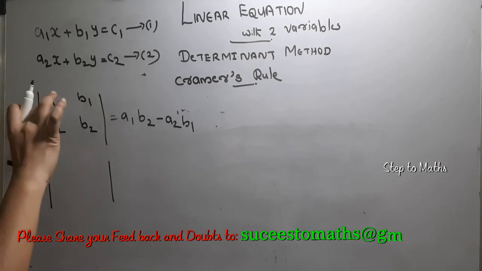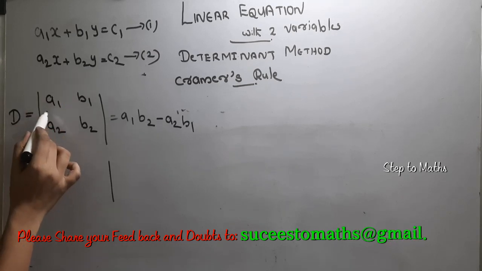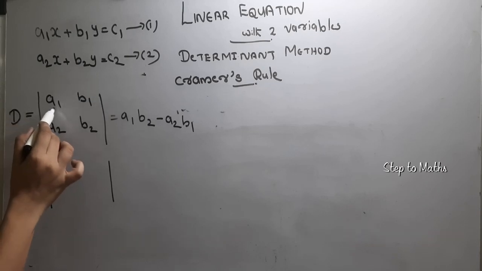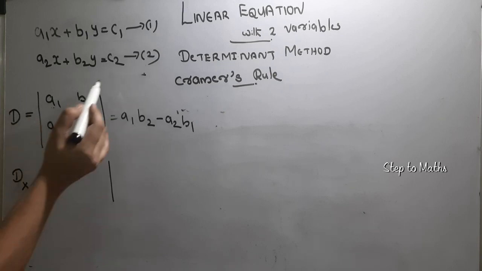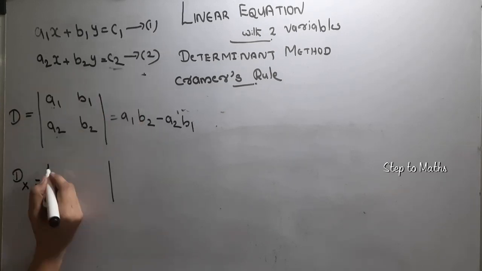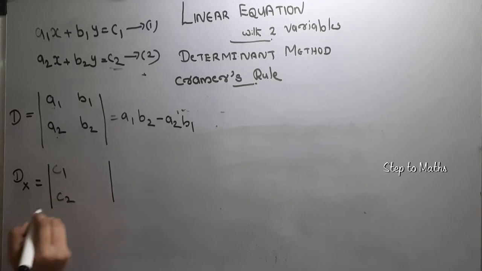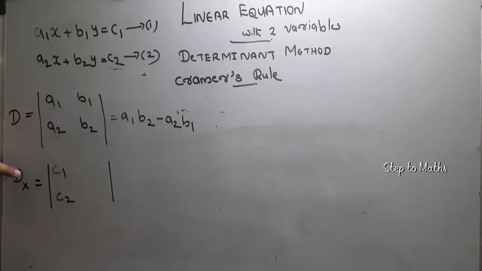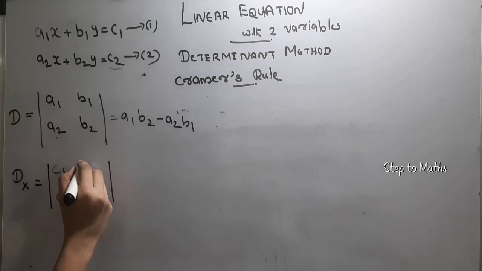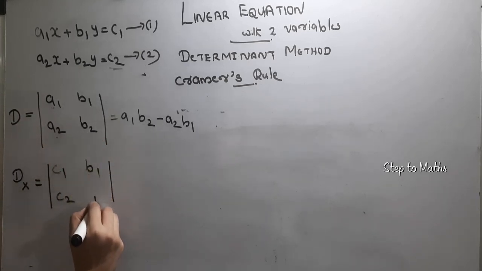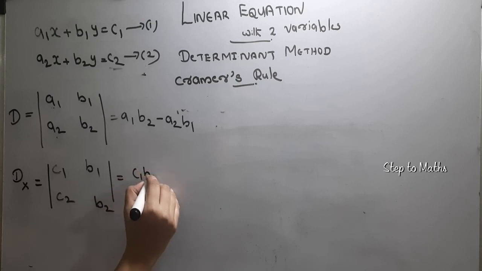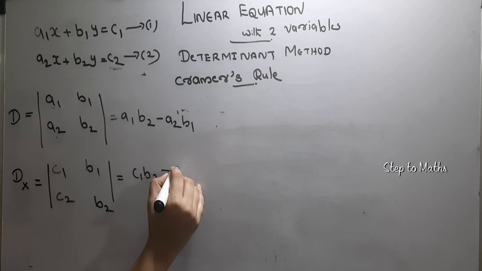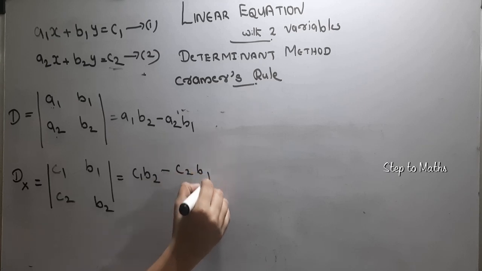For that, we replace the coefficients of x, that is A1 and A2, by C1, C2, and the coefficients of y are the same, B1, B2. This is dx and its value is C1 B2 minus C2 B1.